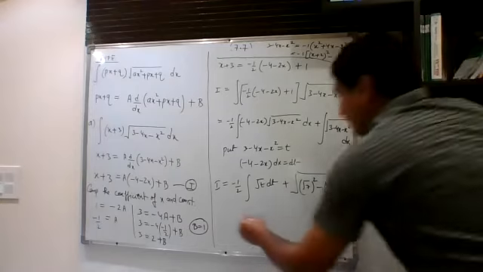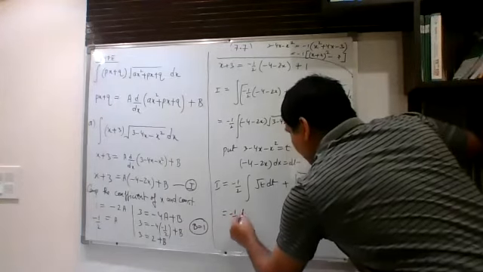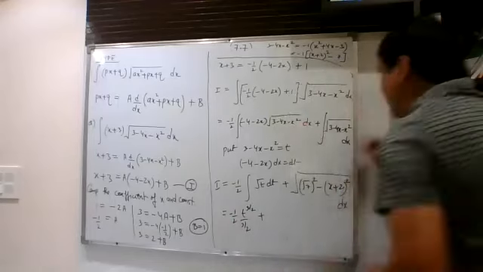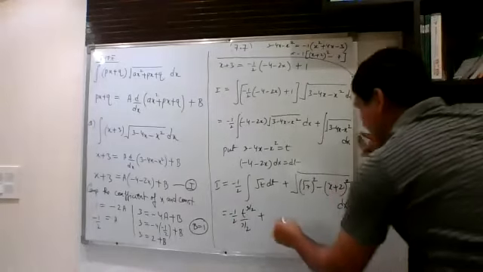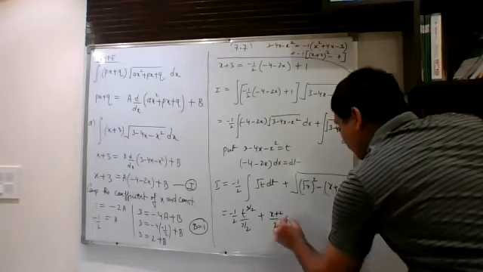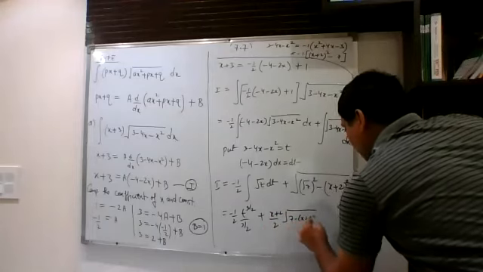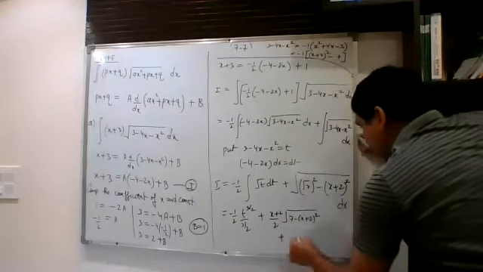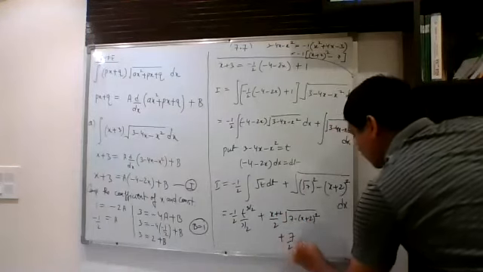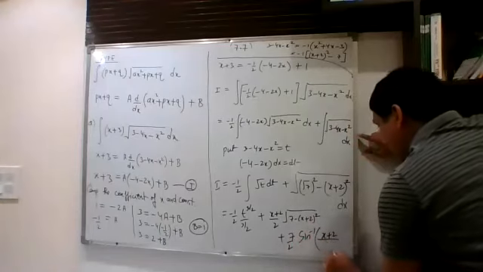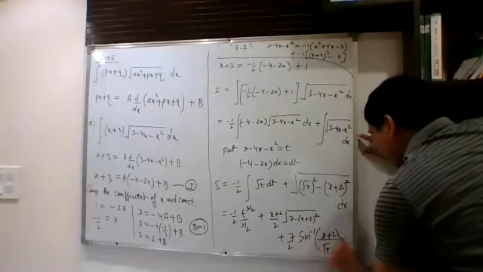Now, integration of the first expression will be t to the power 3 by 2 upon 3 by 2. And here you need to apply the corresponding formula, so it will become (x plus 2) upon 2 under the root of 7 minus (x plus 2) whole square, plus a square upon 2. So a square means 7 upon 2 sine inverse of (x plus 2) upon a, plus c.